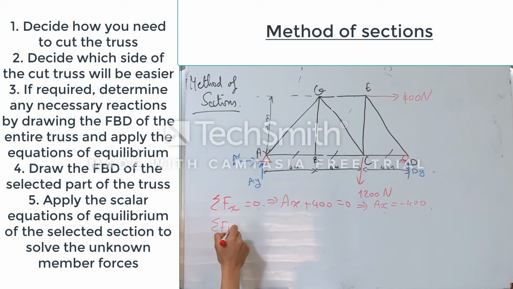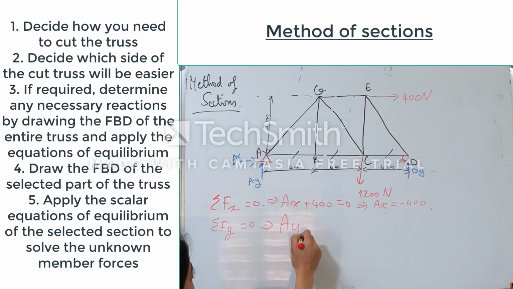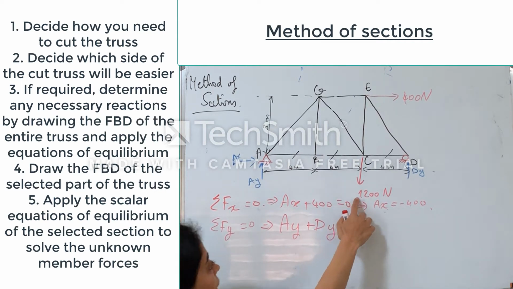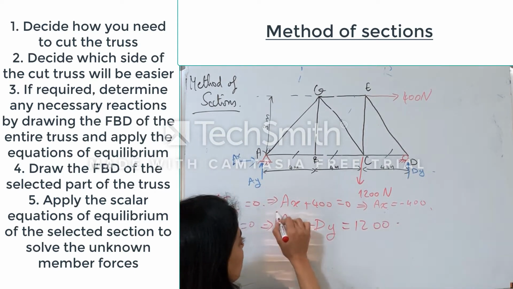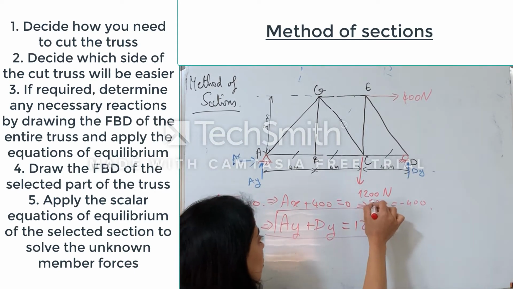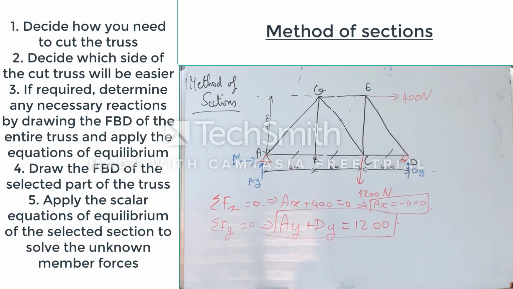I know that the sum of Fy is equal to 0, which means that AY plus DY minus 1200 is equal to 0, which means that AY plus DY is equal to 1200.